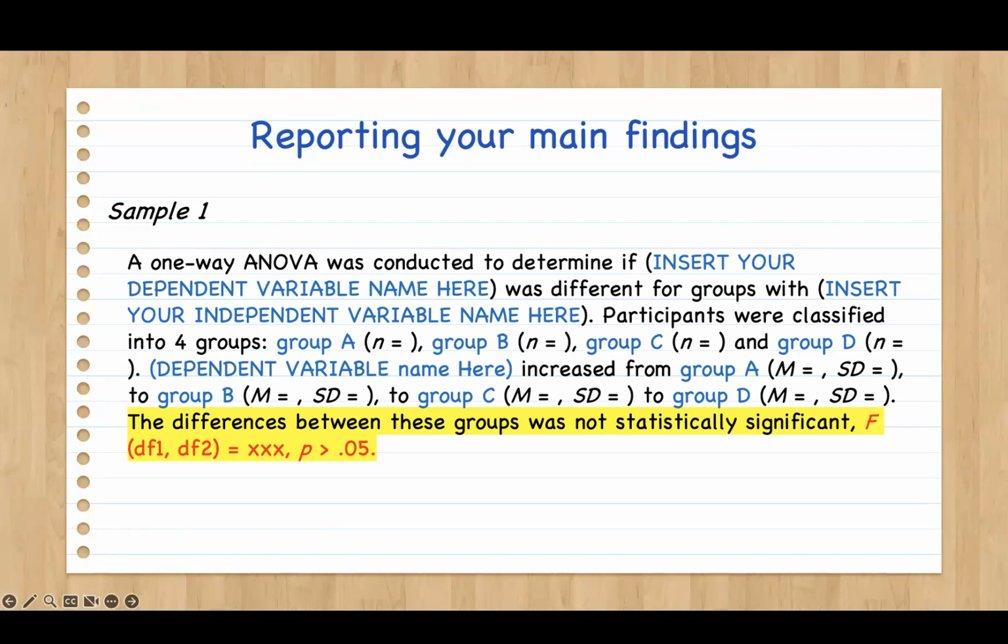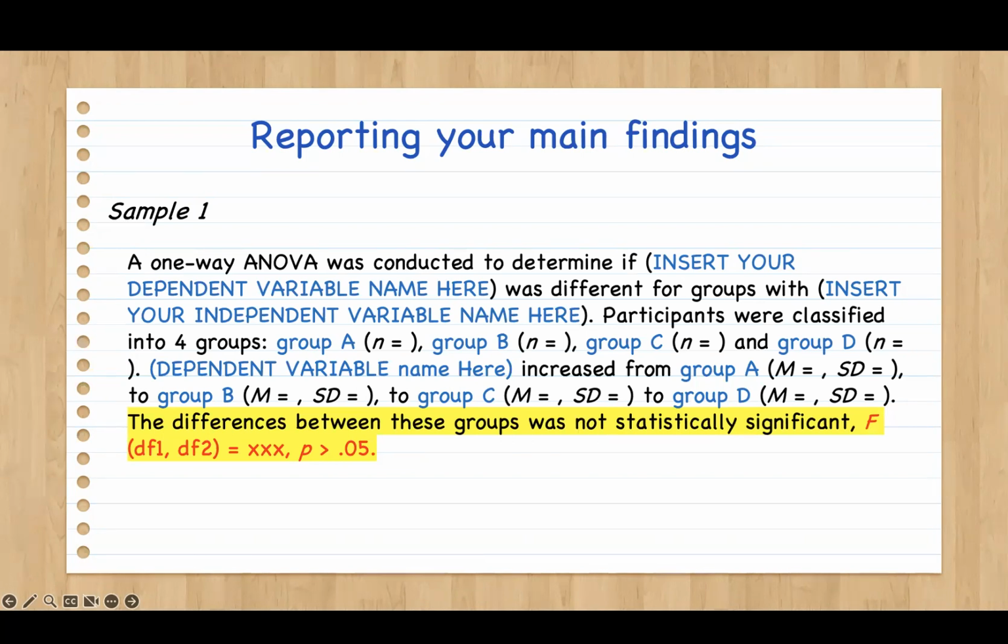This is a sample of what you may see for ANOVA findings in a paper. A one-way ANOVA was conducted to determine if the dependent variable was different for groups within your independent variable. Like participants are classified into different groups, group A, group B, group C, group D, with a sample size.